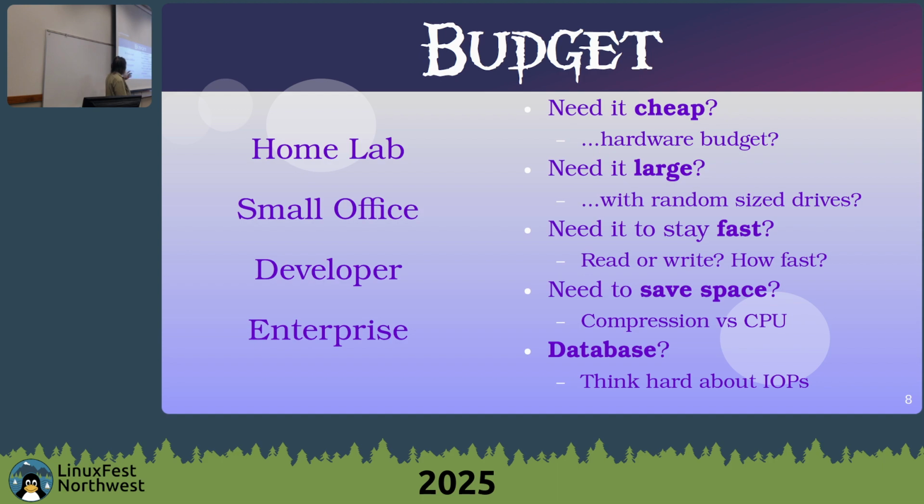So how cheap, like what's your budget? Are you restricted with just what old drives you have on hand? When you say you want a fast file system, fast in what way? Do you want fast writes? Do you want fast reads? What does fast mean? Do you need 10 gigabit send across the network?